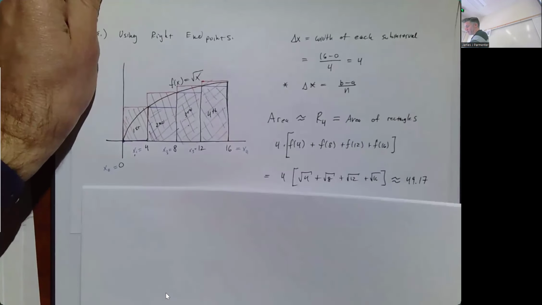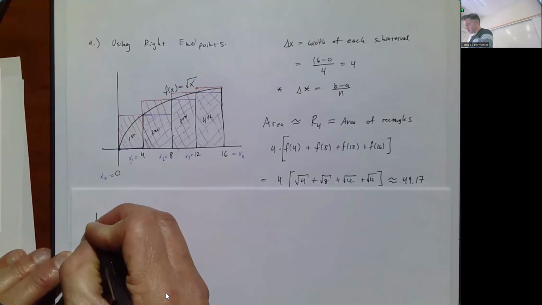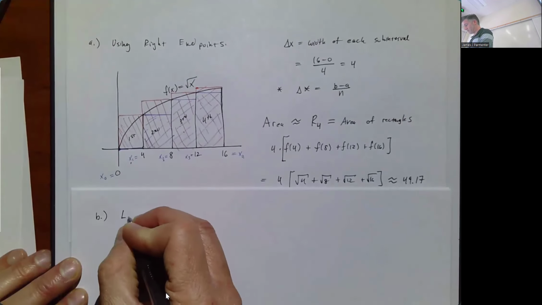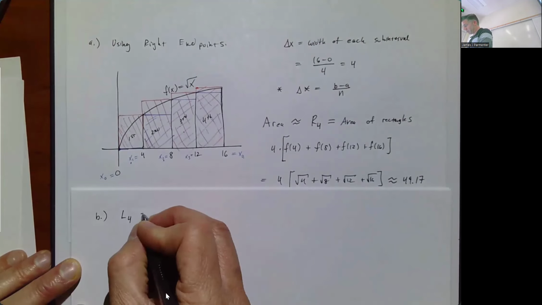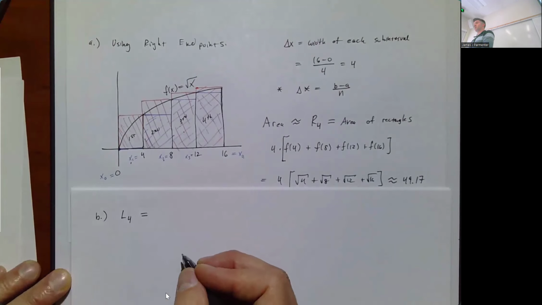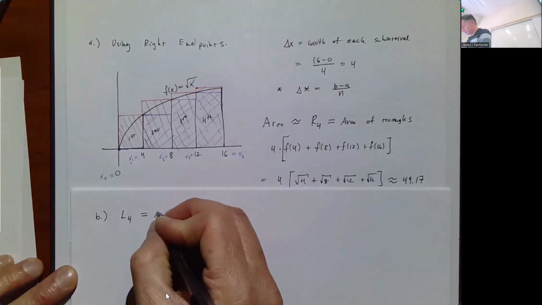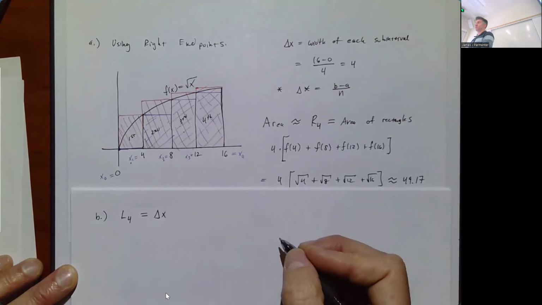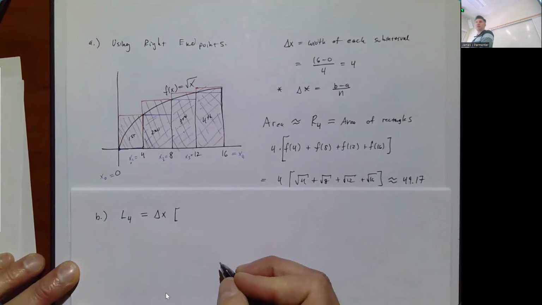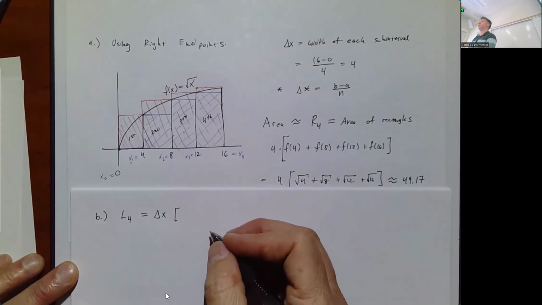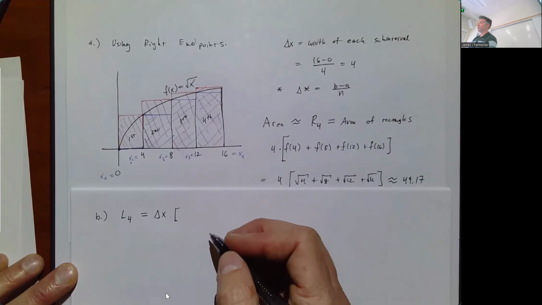I kind of want to talk a moment about how we write this. So I want to find the estimate using 4 subintervals with left endpoints. Here's how I actually want to write this. Delta x, the base or the width of each rectangle, times the function evaluated at the left endpoints.